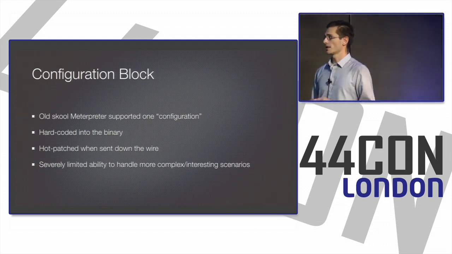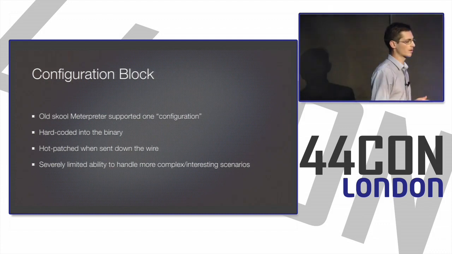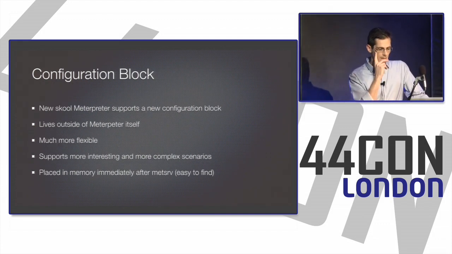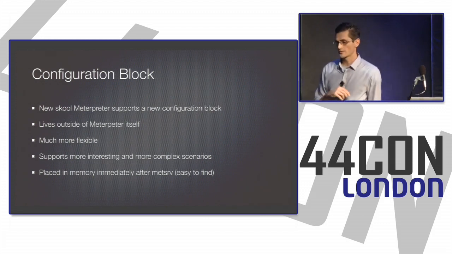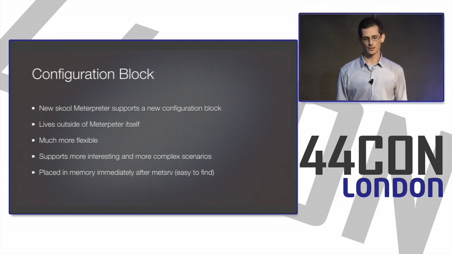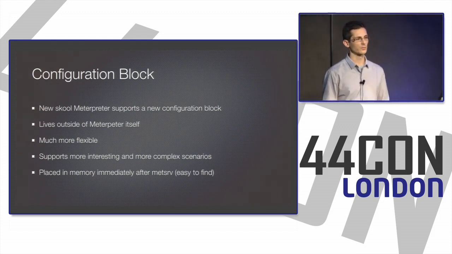Yeah, so back in the day, we didn't really have the ability to do all these kind of complex things, and so the implementation of this was designed to solve that problem. At the moment, even though the configuration block supports the idea of multiple transports, so go to this endpoint on this type of transport or go to this endpoint on this type of transport, it's not currently enabled from the command line.